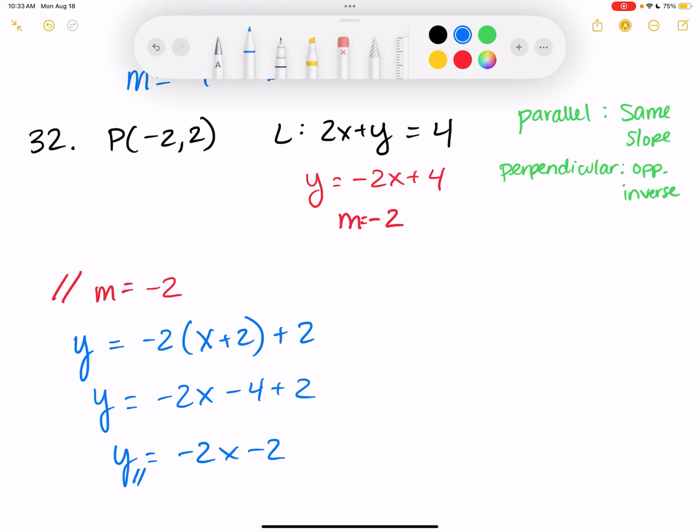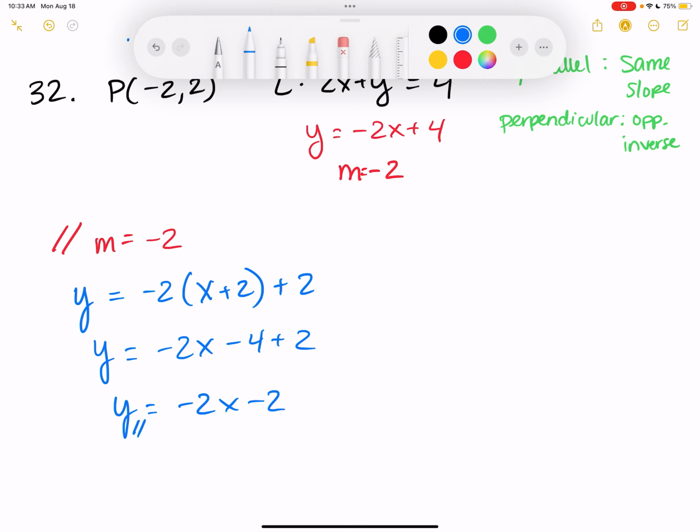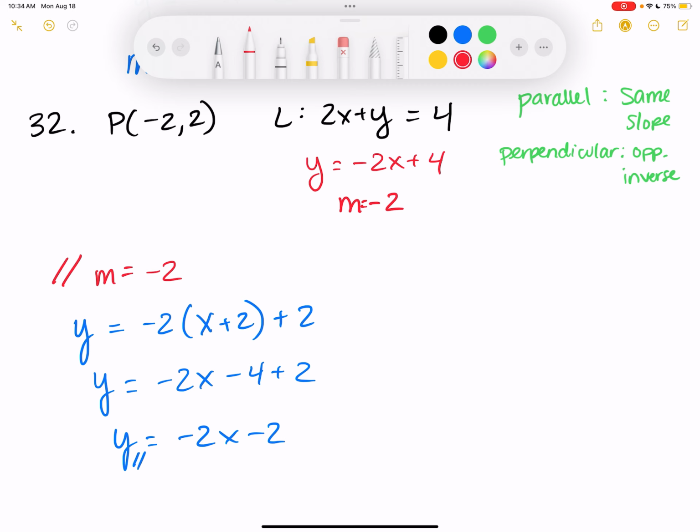A lot of times, just to note what I'm dealing with, I'll put the little parallel symbol or the perpendicular symbol down there. But as long as you've noted which one's which, it doesn't matter. And then perpendicular. So the perpendicular slope would be what? Yep, positive 1/2. So then y = 1/2 times (x + 2), and then outside is plus 2 for the y.